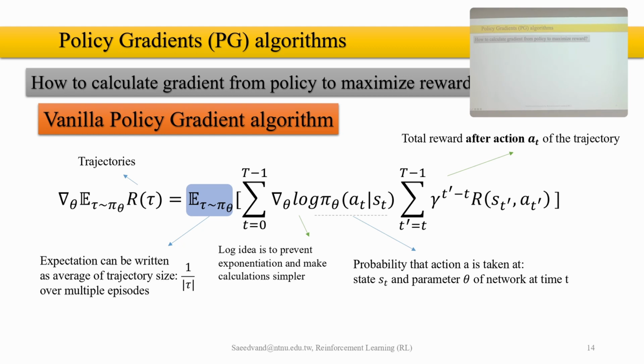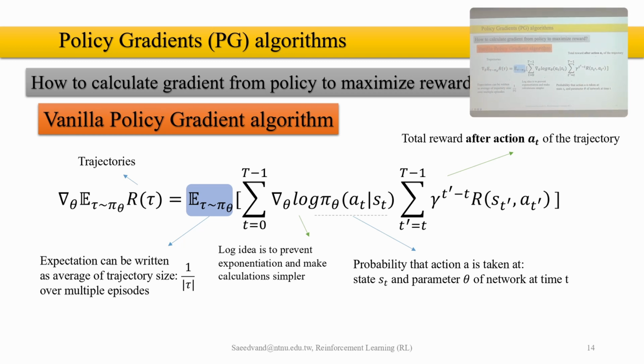Now let's have a look at how we can calculate the gradient of the policy to maximize the reward with the vanilla policy gradient algorithm. The vanilla policy gradient algorithm is very similar to REINFORCE, with some slight changes. Let's look at what the term looks like.